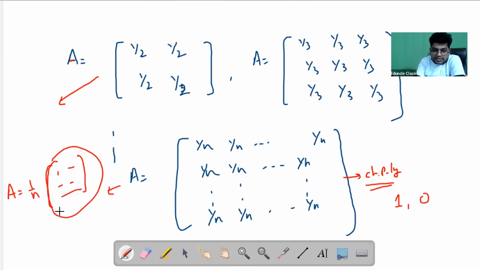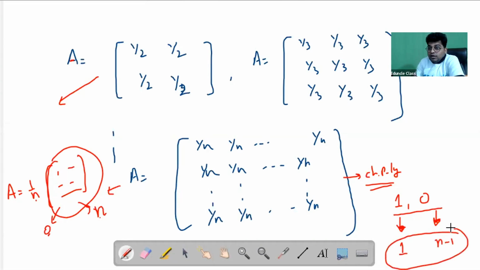So this has eigenvalues 0 and n, so the eigenvalues are 0 and n into 1 by n, that is 1 and 0, with algebraic multiplicity 1 and n-1. Am I clear? You can write down an idempotent matrix.